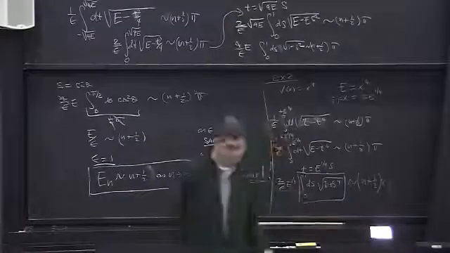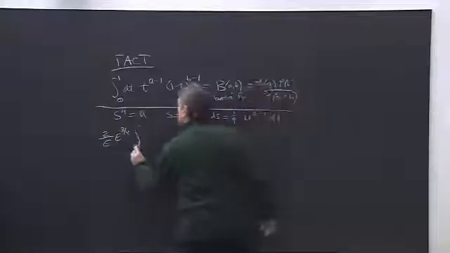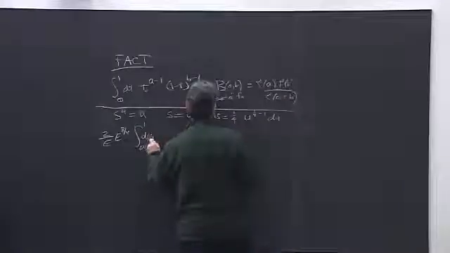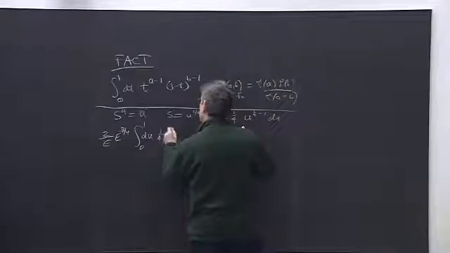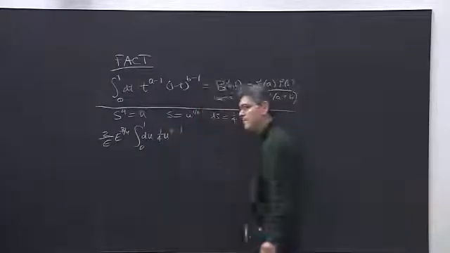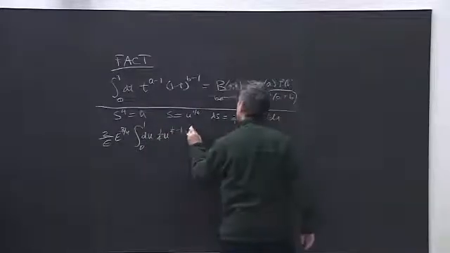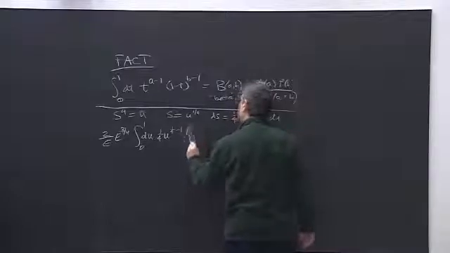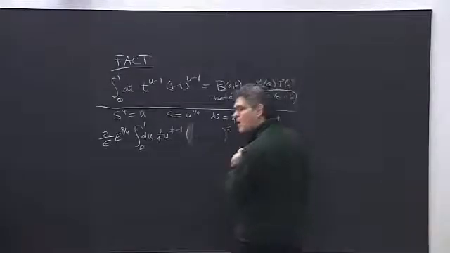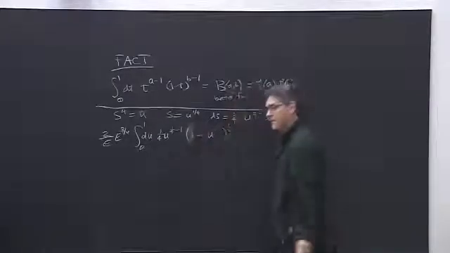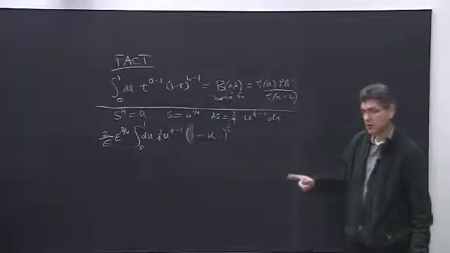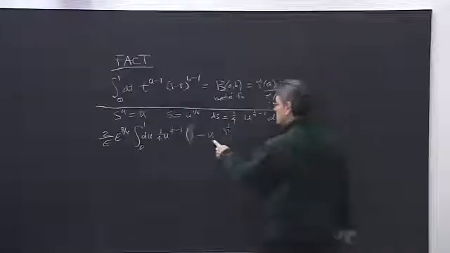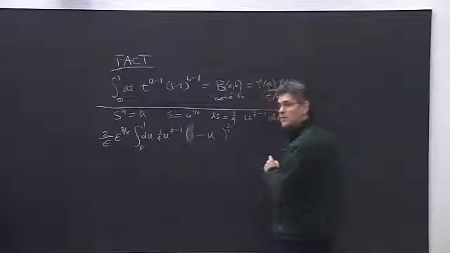And what I'm left with is an integral from 0 to 1 du times 1/4 u to the 1/4 minus 1 times the square root of 1 minus u. Did you all follow that? This is just arithmetic. So it's 1 minus u to the 1/2.